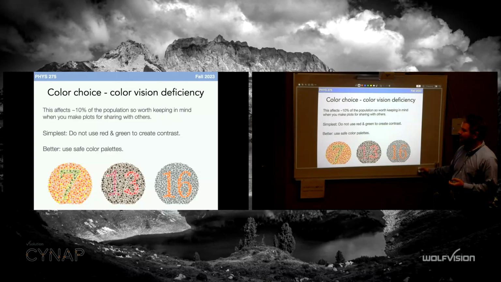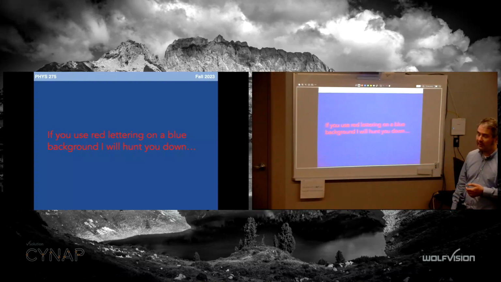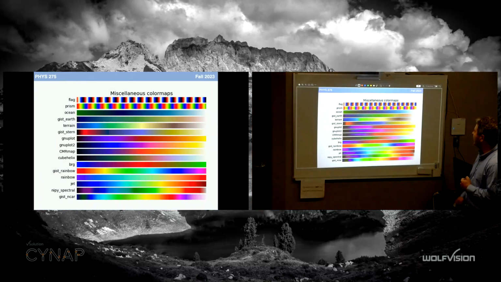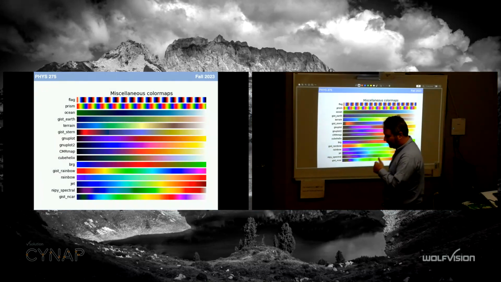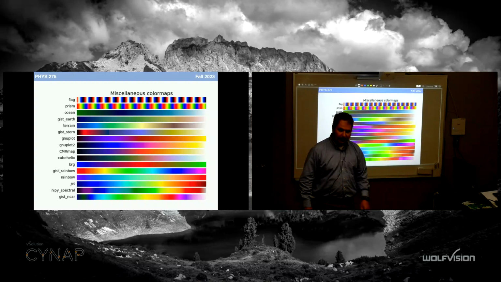So better use a safe color palette for people that basically see this as black and white. If you use red lettering on a blue background, I will find you. This is the quickest way to give me a migraine. It is absolutely horrible, and never ever do this. All right, so I needed to get a laugh out of you all in the morning.